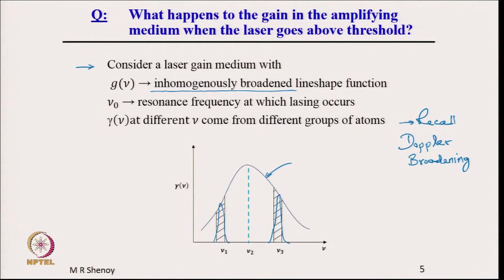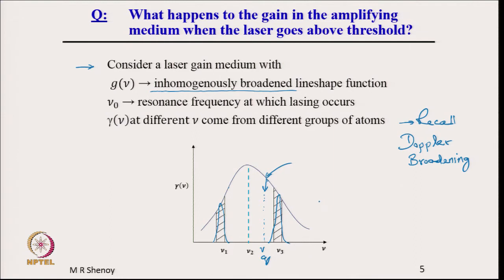And the importance of the inhomogeneously broadened line shape, we have discussed, is that if the gain is pulled down at any one place, let us say this is nu q, and if the gain is pulled down at nu q, the lasing frequency, then the gain at other places does not get affected.